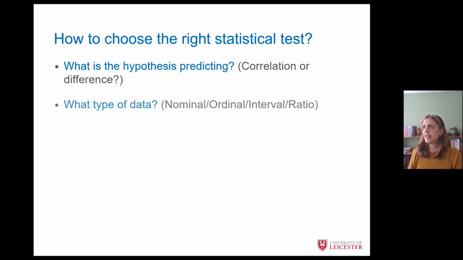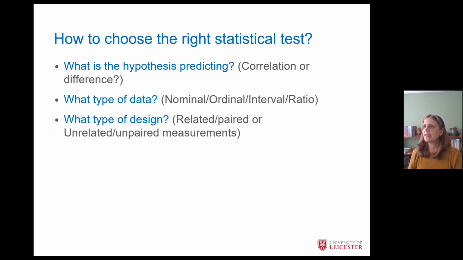So finally, if we think a little bit about choosing the right statistical test, there's a number of things to think about. First of all, you need to think about whether you're comparing two groups for a difference, or whether you're looking at some sort of correlation or association between two continuous variables.